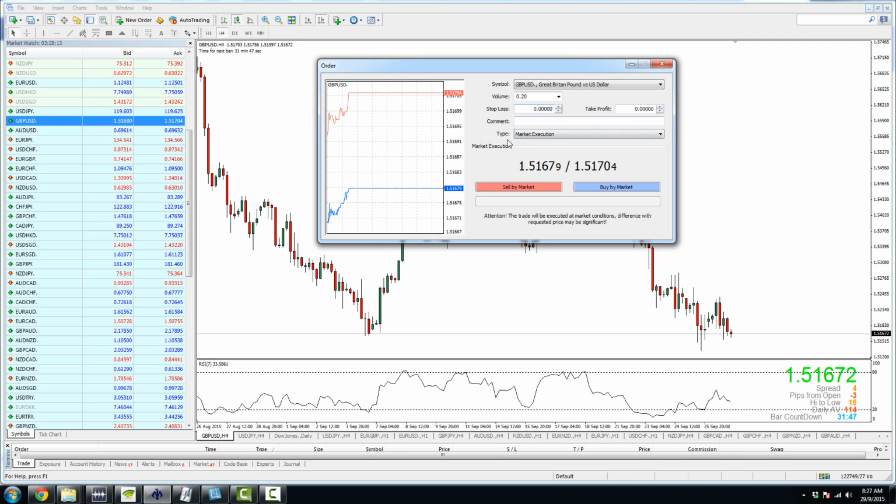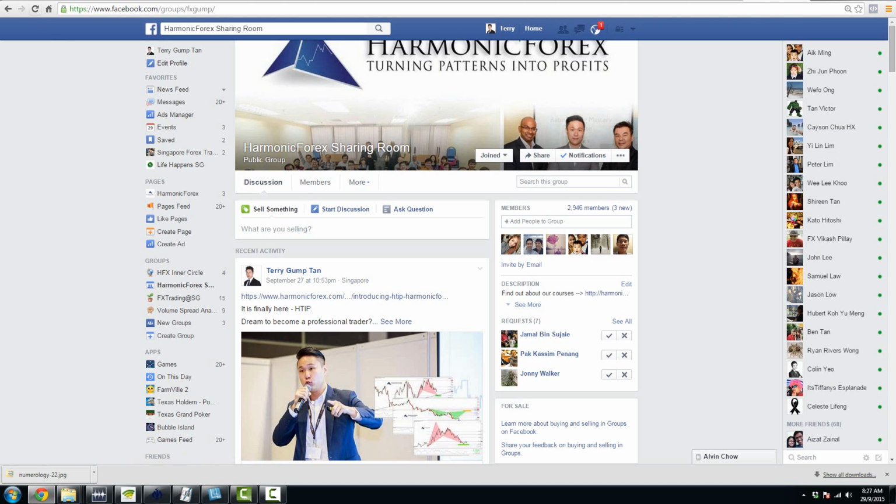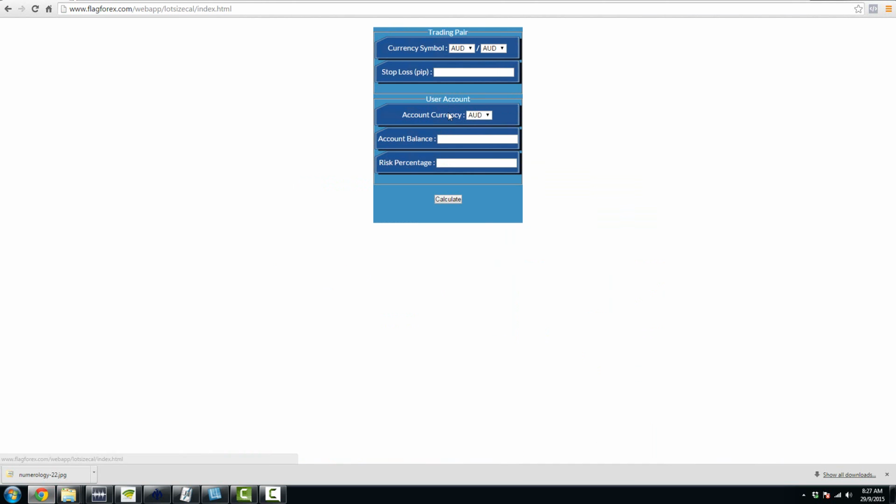Always remember to preset your stop loss. I highly recommend you guys visit this website called FlagForex. Let me get you the URL. Yep, this is the one: flagforex.com/webapp/lot-size-cal/index.html. This is a very powerful calculator where you can specify which pair you want to trade, for example, sterling against the dollar.